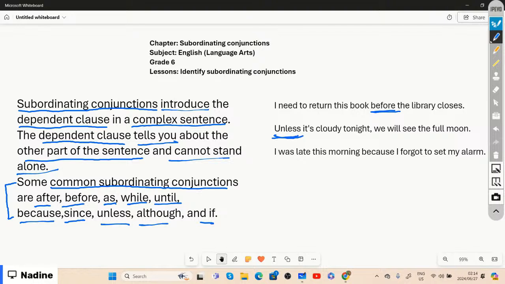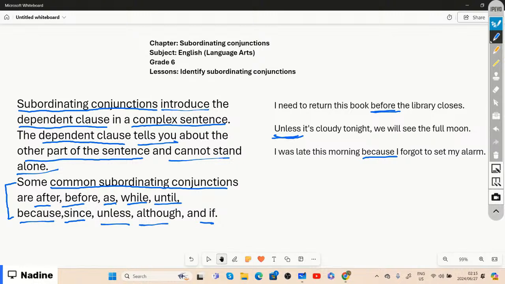All right, and if we were to identify the subordinating conjunction, then we would say it is because. Right? So those are the three subordinating conjunctions that we have identified. We said a subordinating conjunction introduces the dependent clause within a complex sentence, right?